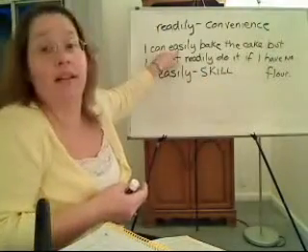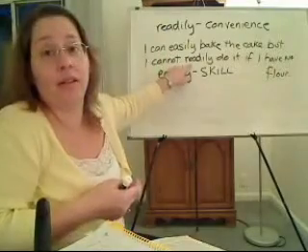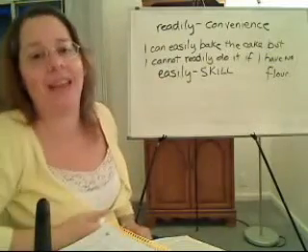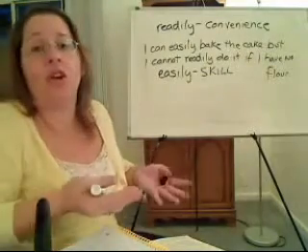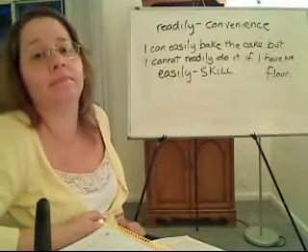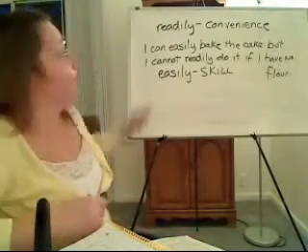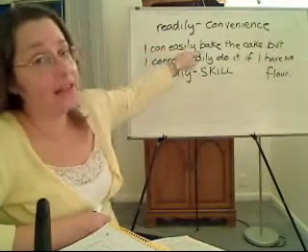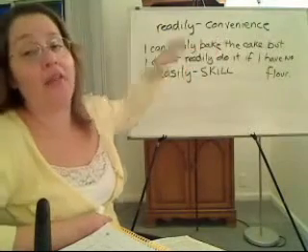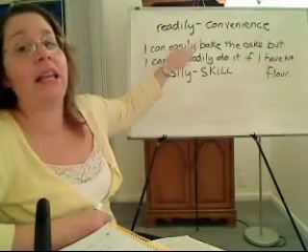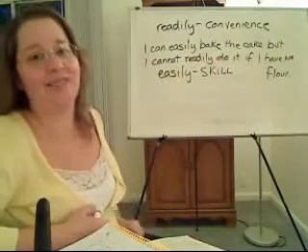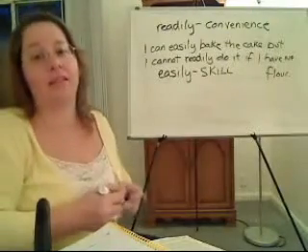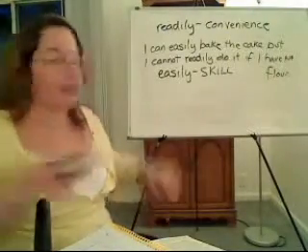I could do it easily, but I can't do it readily. If I have all of the ingredients handy, I can readily make the cake because everything is here. I can readily make the cake. You could say, I can readily bake the cake if I have the recipe, but it won't be easy if I don't have skill. But I'll readily do it because I have everything I need. Okay? So readily and easily.